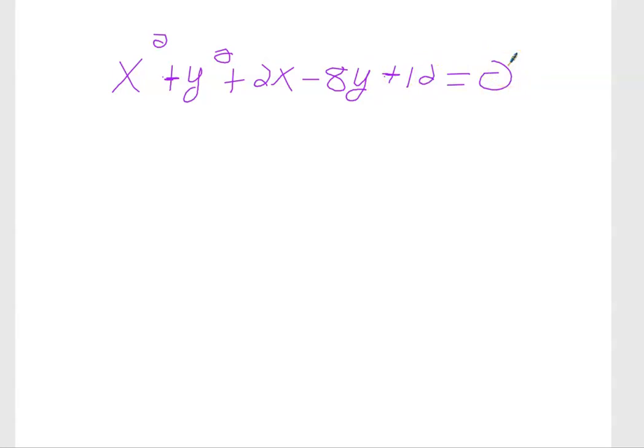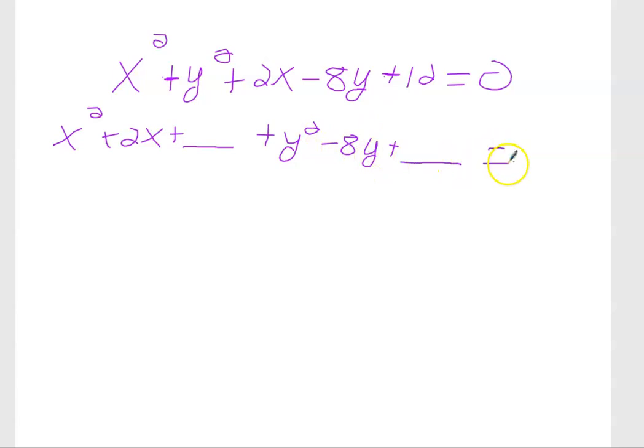Okay, so we're going to do the same thing, some rearranging here. So it's going to be x squared plus 2x plus, leave a blank, plus y squared minus 8y plus, leave a blank. And I'm going to shift over the 12 to the right-hand side.